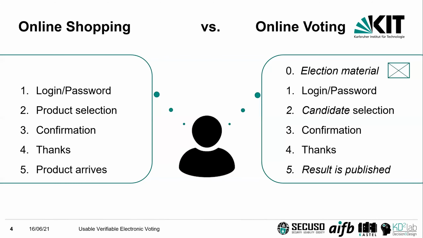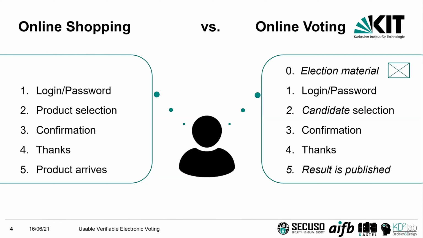The only difference is that, in particular if you vote for the first time, you don't have a username and a password. So you may assume, like with banks, that there is a pre-step where you receive an envelope including your username and your password. Again, you use it to go to the online voting web page.